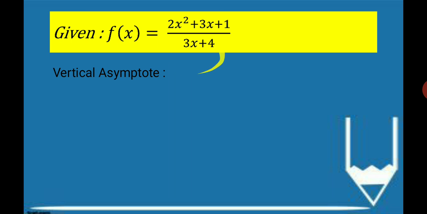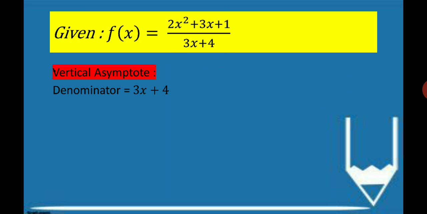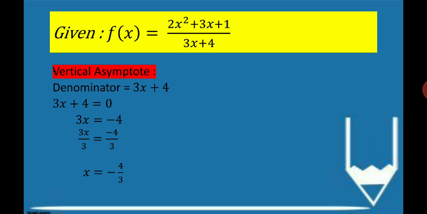So, here is our denominator. 3x plus 4 equated to 0. Transpose, so that becomes 3x equal to negative 4. Divide both by 3. Therefore, the value of x is negative 4/3. Now, reminder again: if the numerator cannot be divided by the denominator, that is already the final answer.